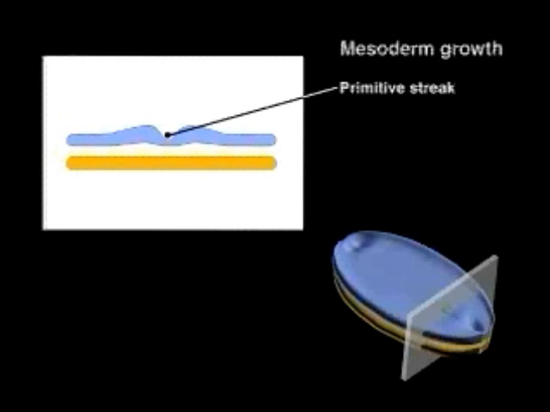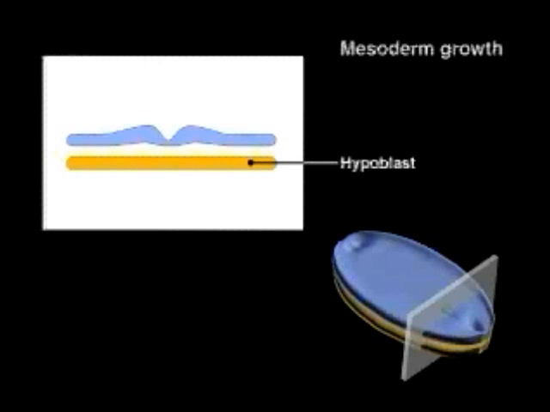From the primitive streak, this is the hypoblast below the epiblast. From the primitive streak, cells will grow ventrally, forming the endoderm, which will replace the hypoblast.